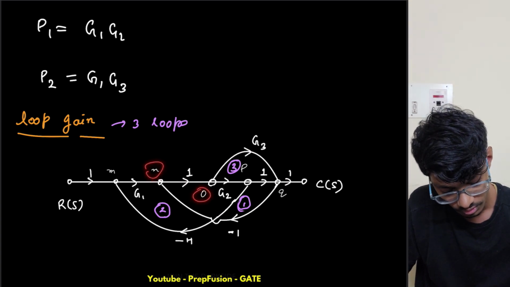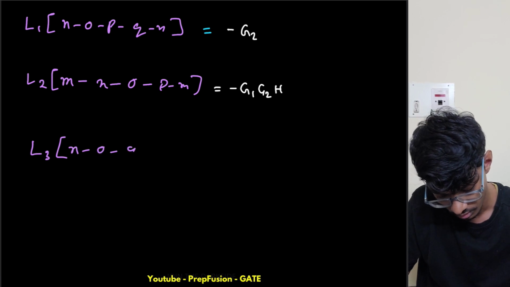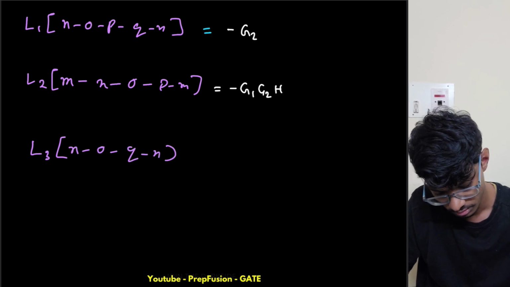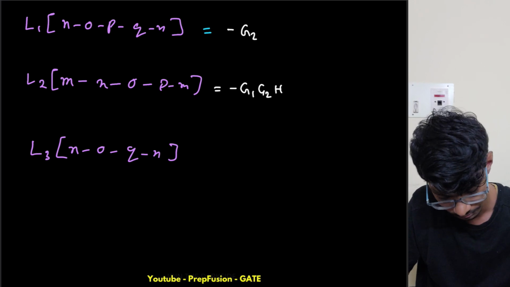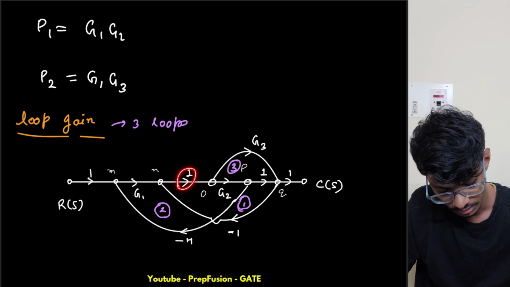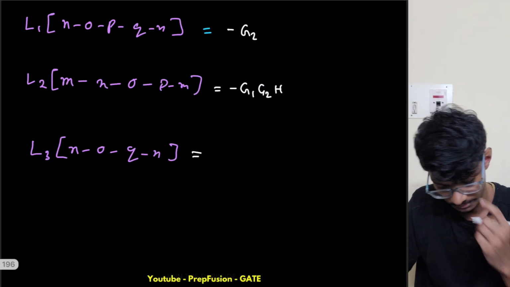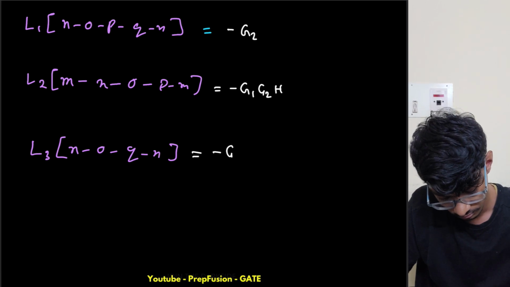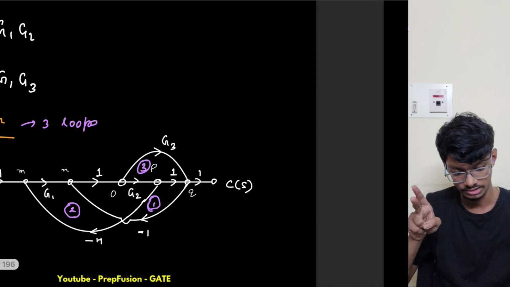N, O, Q, N. So this is equal to 1 times G3 times minus 1, so we get minus G3.